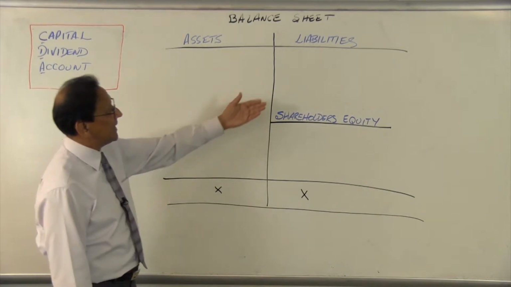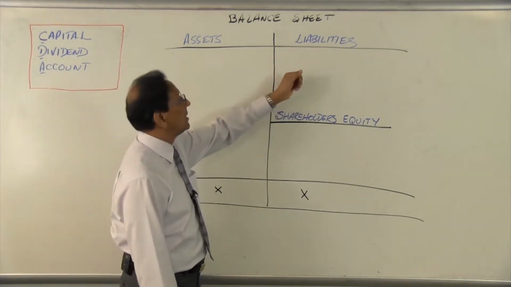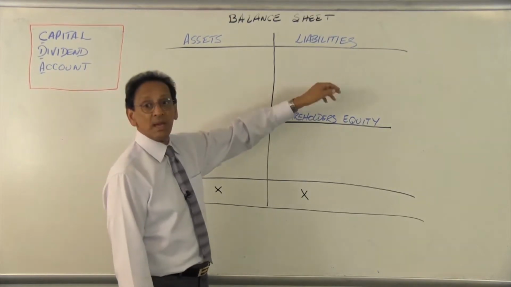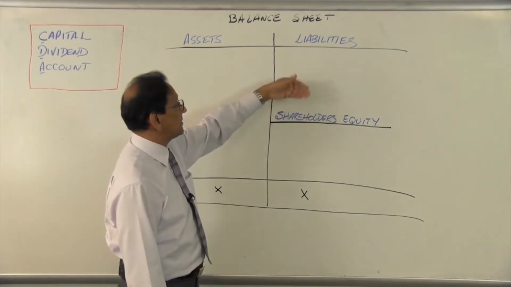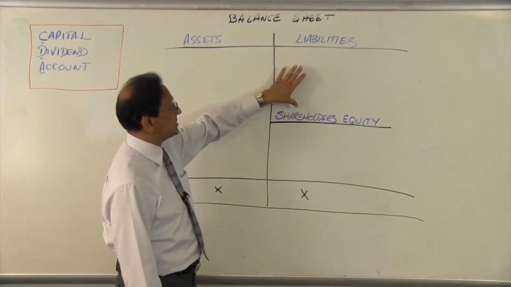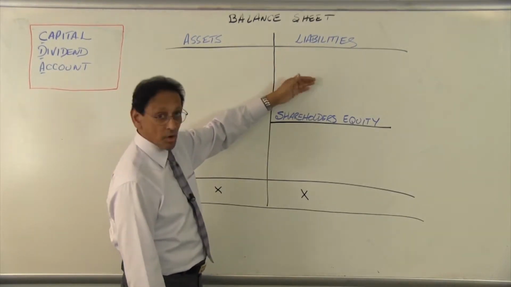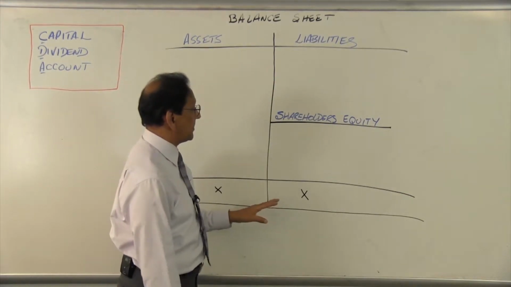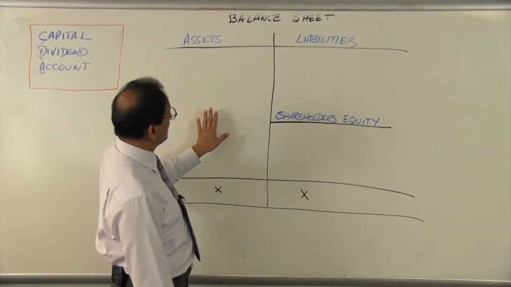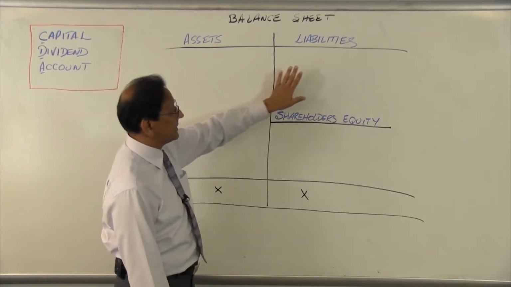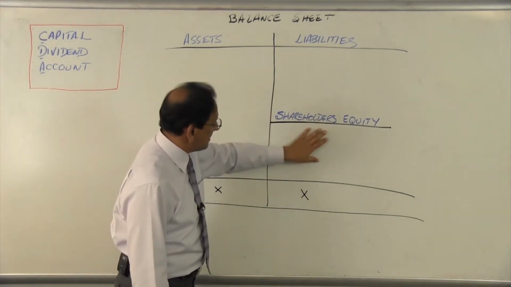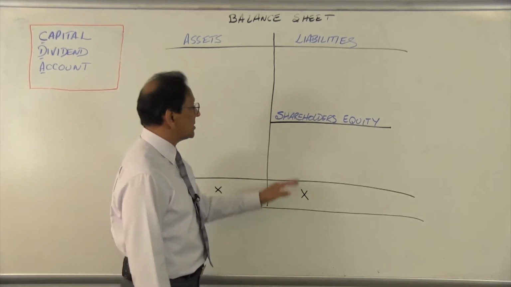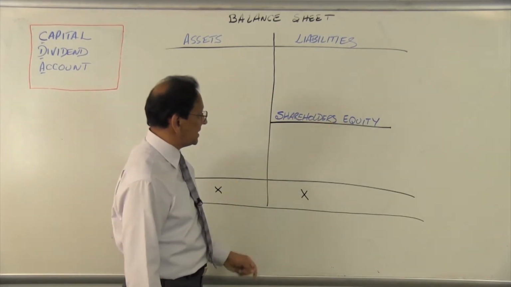On the right-hand side, we have the liabilities, the debts that the company has. It may have a bank loan, staff expenses to pay, or mortgages against property it may own. These are liabilities of the company. Now, the difference between the assets and the liabilities is the amount that's actually owned by the shareholders. So the shareholders' portion is in here.